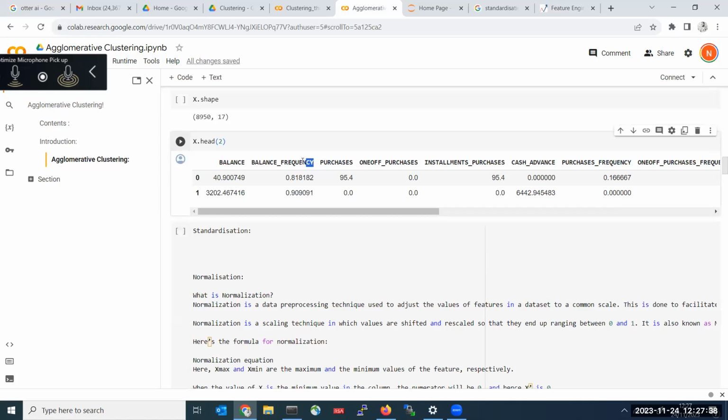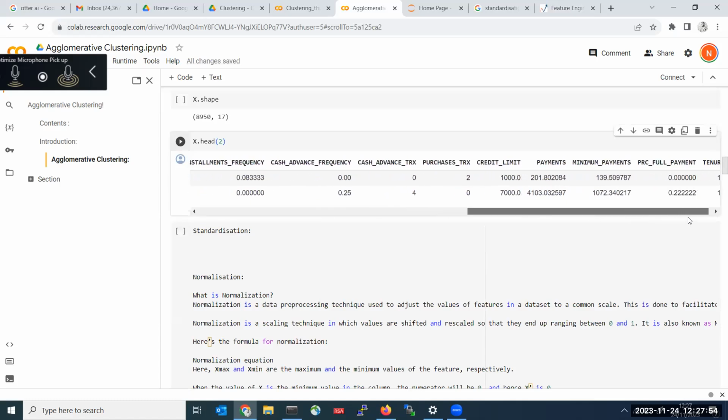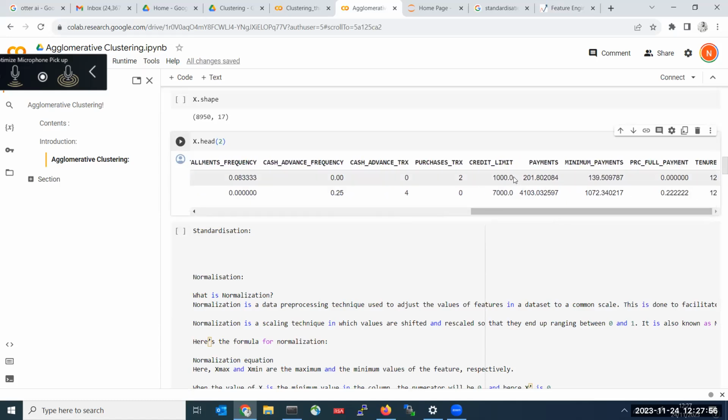And the balance frequency, if you see the numbers here, it is 0.81, 0.90. So here the range of values is very small. In this example, the range of values is very high. See here, the credit limit is 1000. Normally the credit limit will always be in thousands and lakhs only.